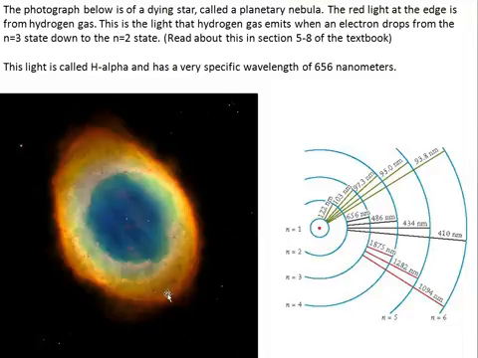And in particular, when you see this red light, which shows up quite a bit in astronomy, that is light from hydrogen, where the electron in the hydrogen atom is transitioning from its n equals 3 state to its n equals 2 state.